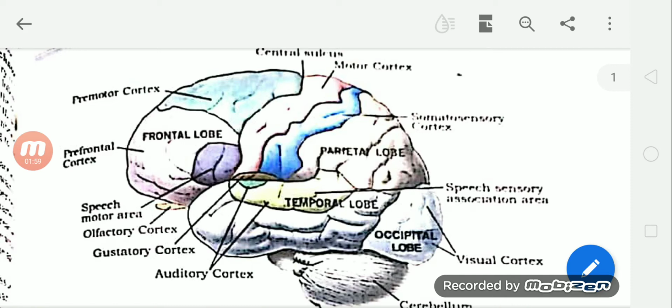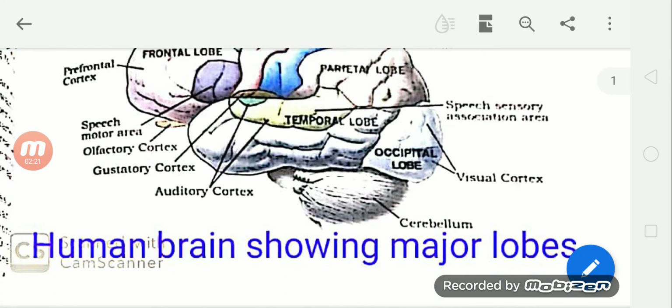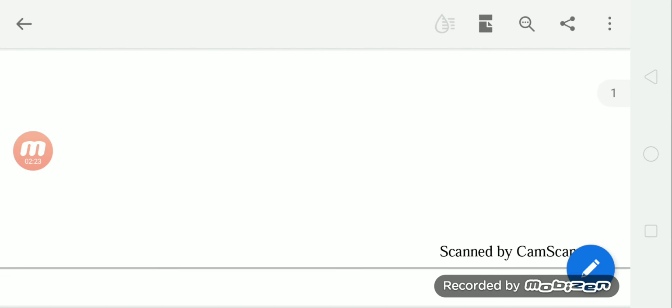Each lobe is associated with a specific function. You can see the frontal lobe, the parietal lobe, temporal lobe, occipital lobe, and several other cortex. Let us study these parts in detail.